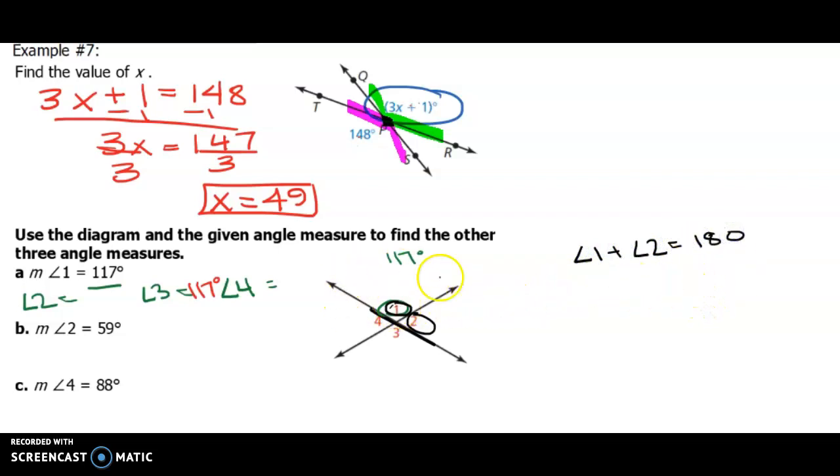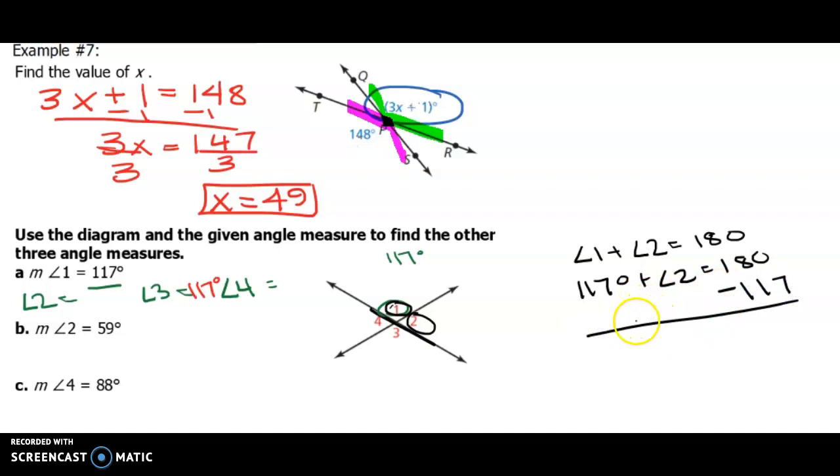Well, if angle 1 is 117 degrees, that means angle 2 has to be 180 minus 117, which is, what, 63? 63 degrees. All right, so angle 2 is 63 degrees, and then 2 and 4 are vertical, which means angle 4 is 63 degrees as well, which is really cool. When you have one vertical angle, you can determine all of the 4 angles formed by the 2 intersecting lines.